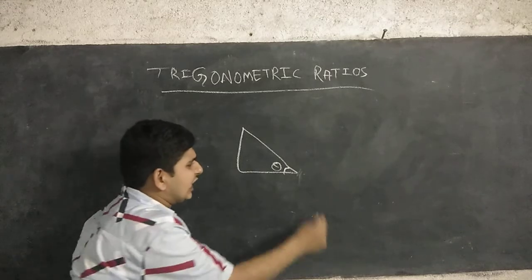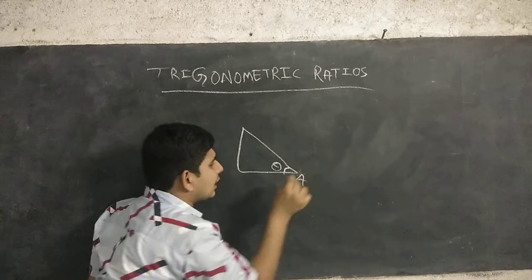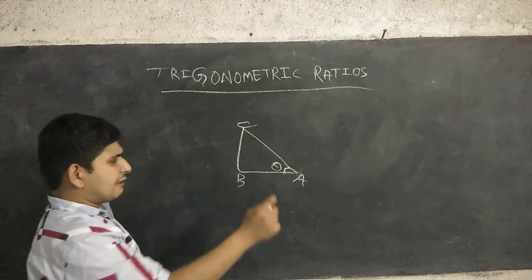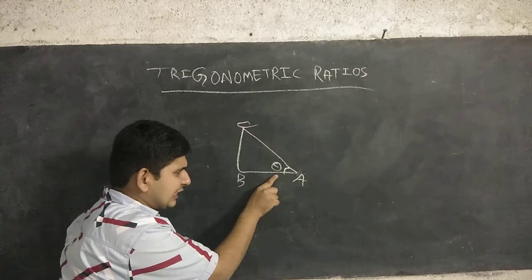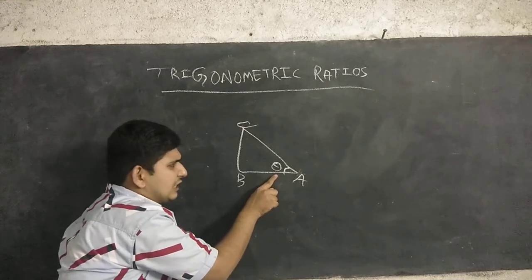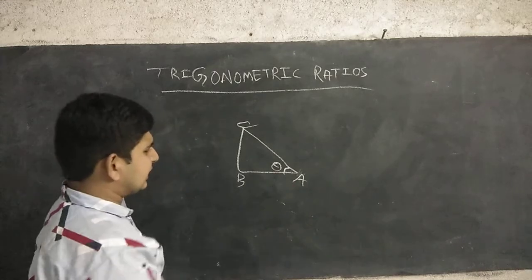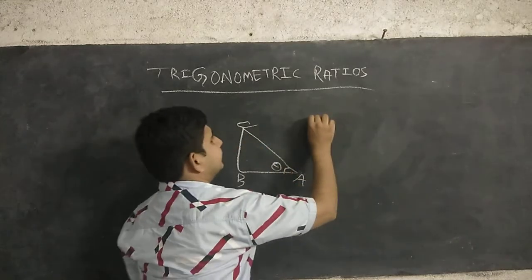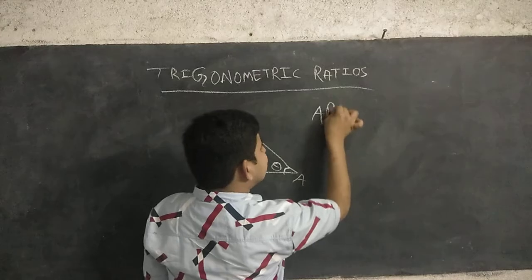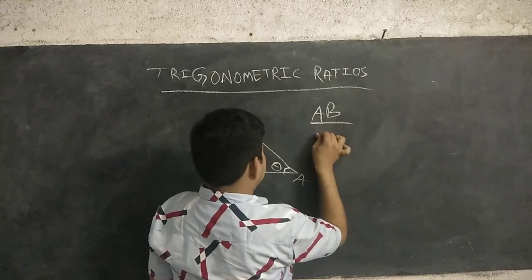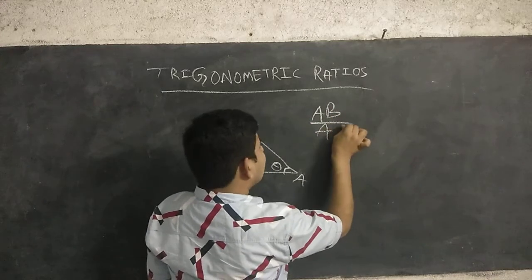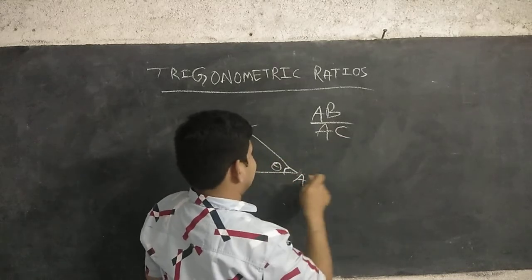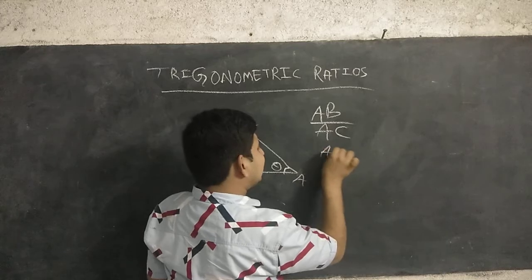Now see here, this is triangle ABC. With this theta, how many ratios can you get? Write down. AB by AC. Then AC by AB.